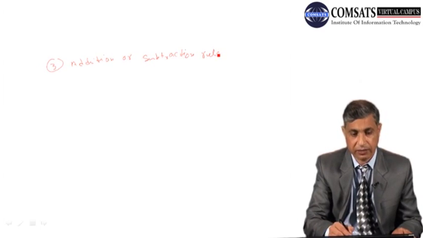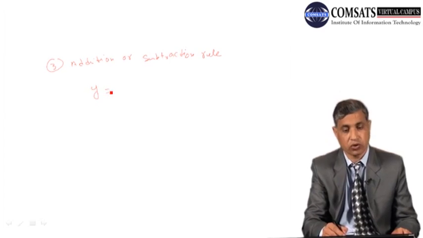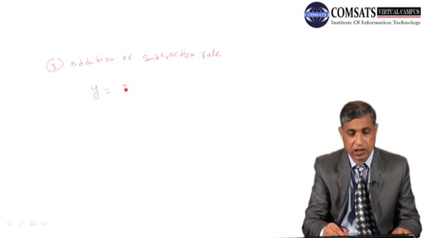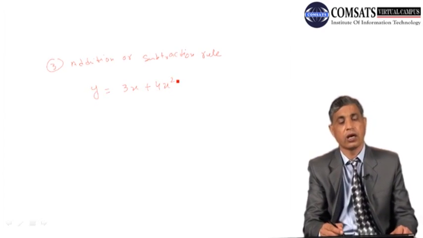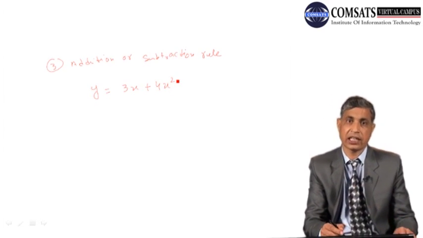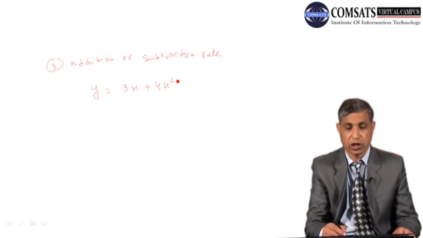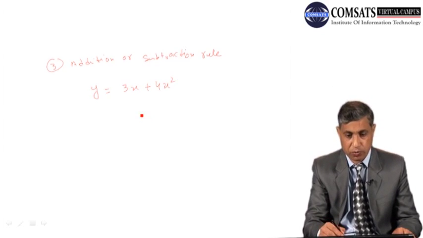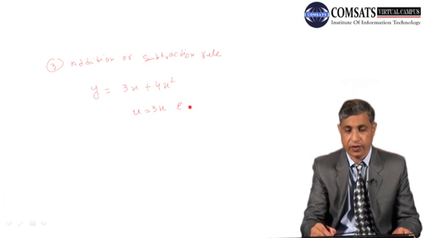What this says, for example, say I say that y is equal to 3x plus 4x square. So now on the right side there are two parts, two terms. Suppose that u is equal to 3x and v is equal to 4x square.